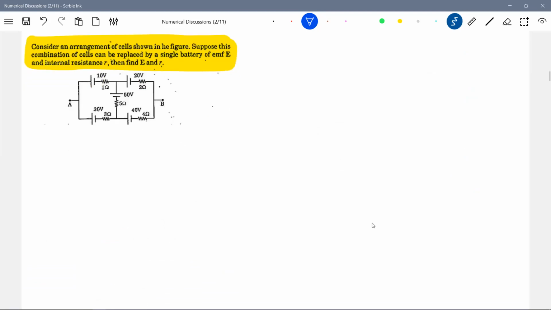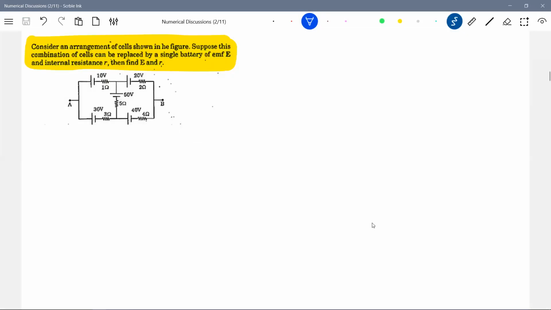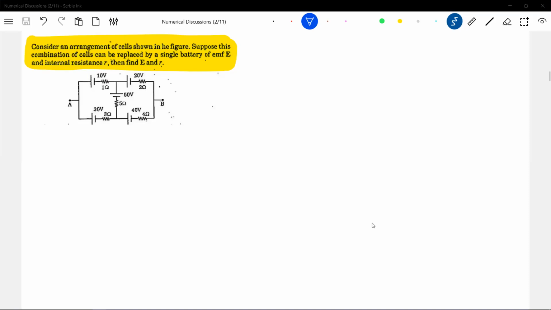I really want you to analyze this. We have done grouping of cells. Can you remember series and parallel? Look at the cells, how I have brought them. Are they series or parallel? Rudransh, can you say series or parallel?